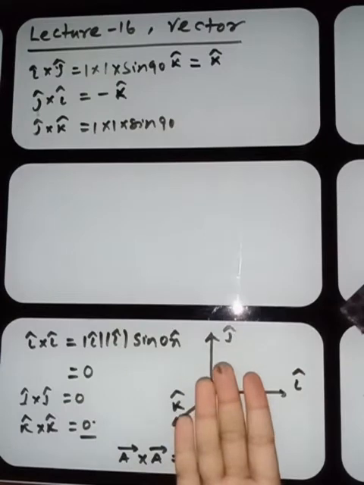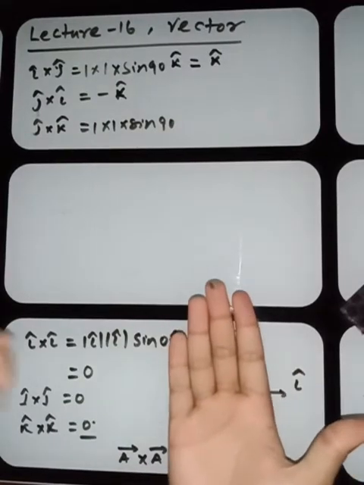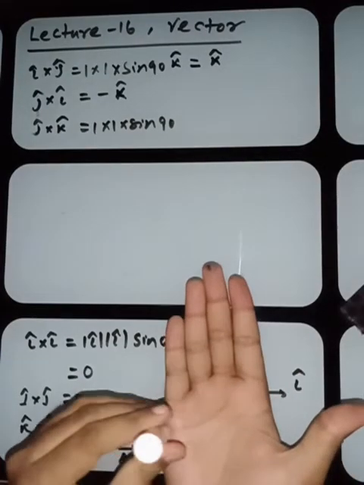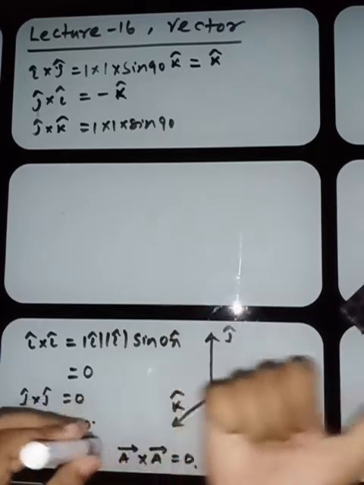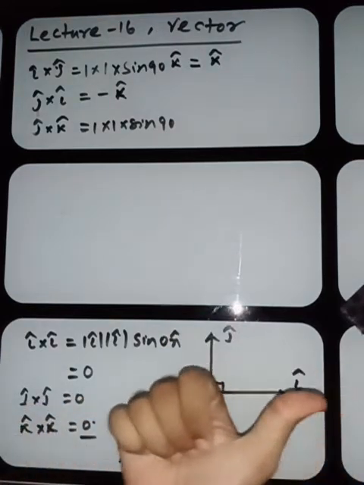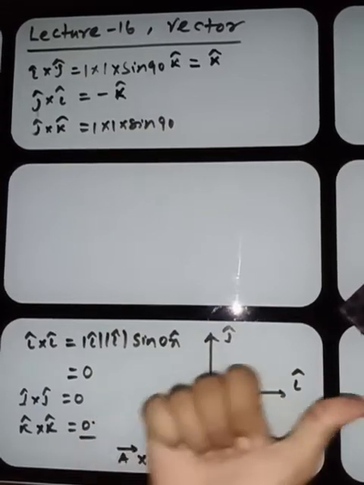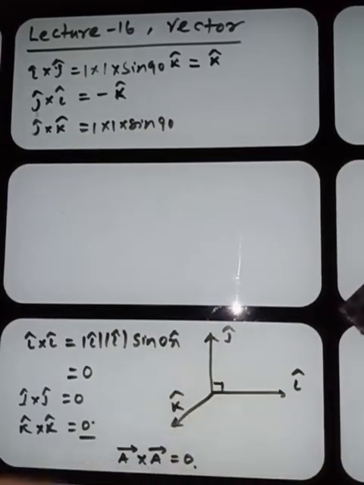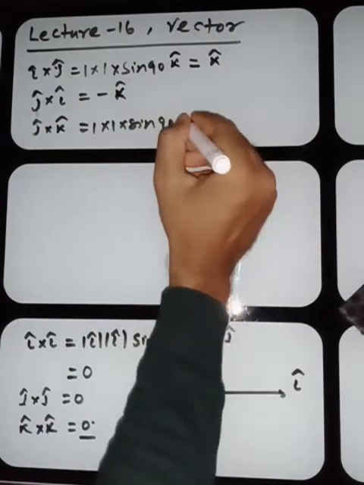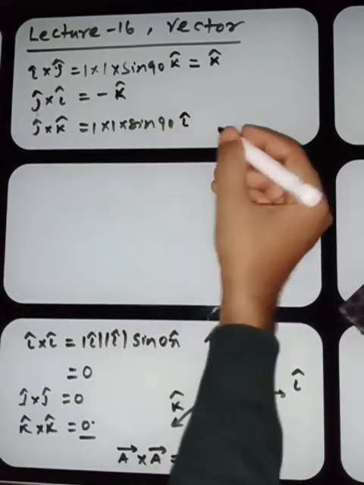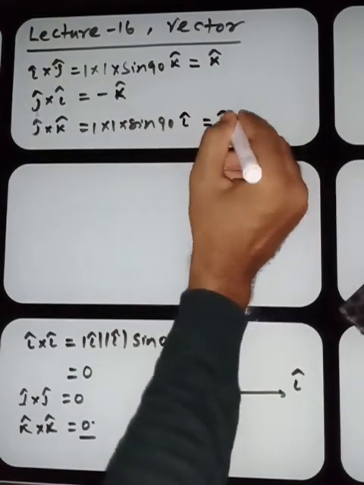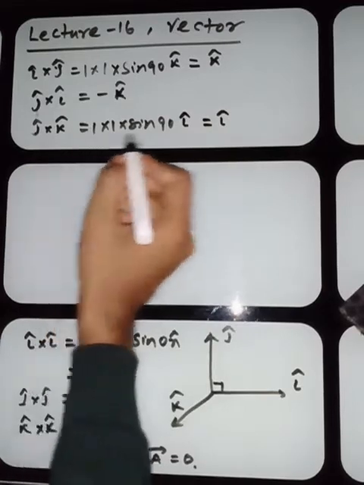Here put your forefinger along j and fold towards k. It is perpendicular upward direction, and the thumb will move towards this one, which is i cap. So the answer is altogether i cap. That is, j cross k is i cap.